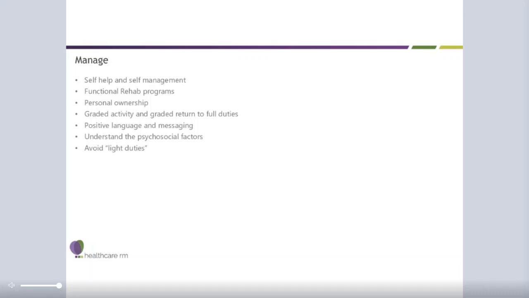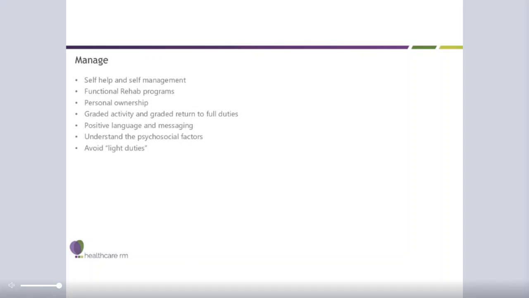The people we see on functional rehab programs really vary, from maybe a 30-year-old who's had some ongoing issues with their lower back to a 65-year-old who's been suffering with chronic pain for the last 40 years. There is a wide range of people that can attend, but they are a very important and beneficial way of managing these musculoskeletal problems and educating individuals on how they can stop it occurring in the future. So they're very powerful.